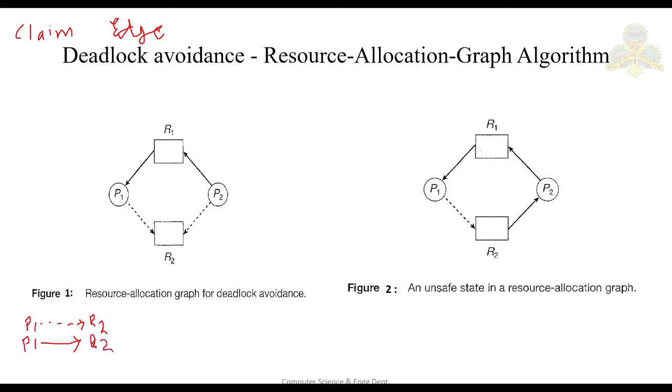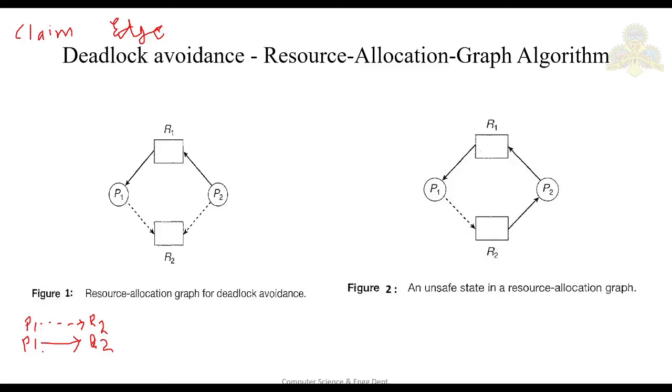Now, suppose the requested resource R2 is free. Then your operating system will allocate or assign the resource to your process P1. Now that becomes an assignment edge. Whenever your operating system allocates or assigns the resource to the process, that becomes your assignment edge. In our case, suppose R2 is free and the operating system now allocates this resource R2 to your process.